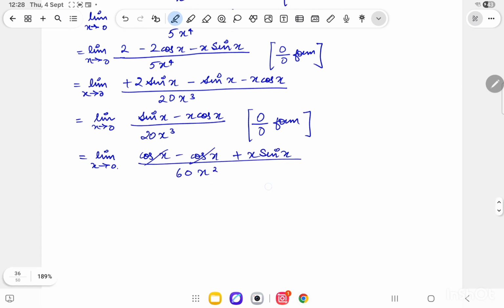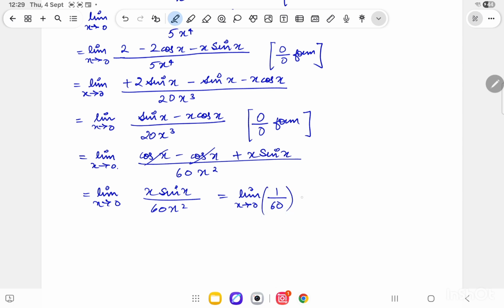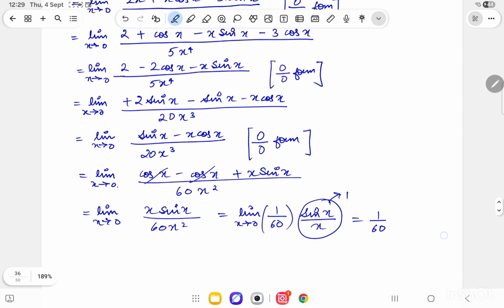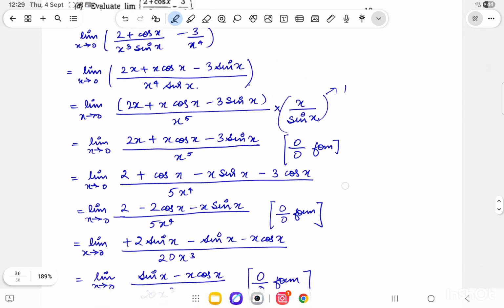This cos x balances this one, so my limit reduces to limit x approaches 0 of x sin x upon 60x squared. This will be equal to limit x approaches 0 of 1 upon 60 into sin x upon x. So this limit will be equal to 1 upon 60, because this tends to 1 as x approaches 0. So we are getting our limit as 1 by 60.